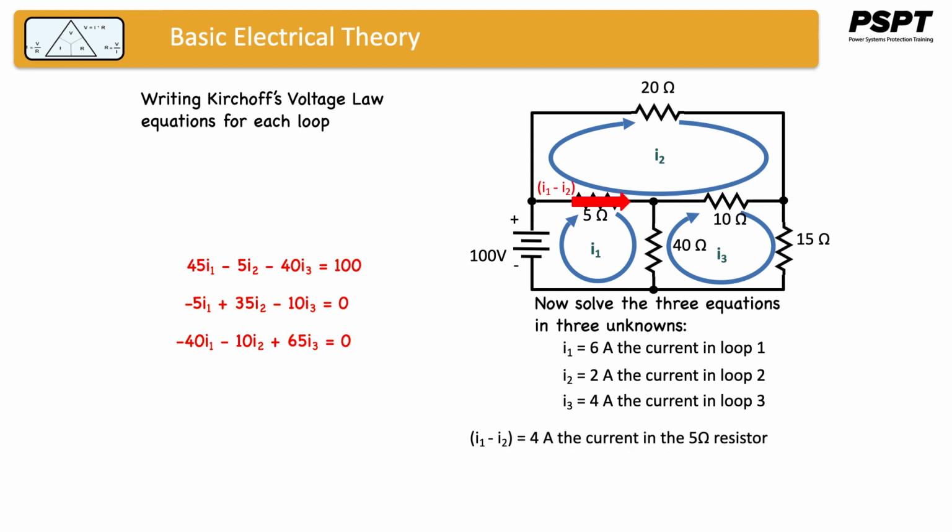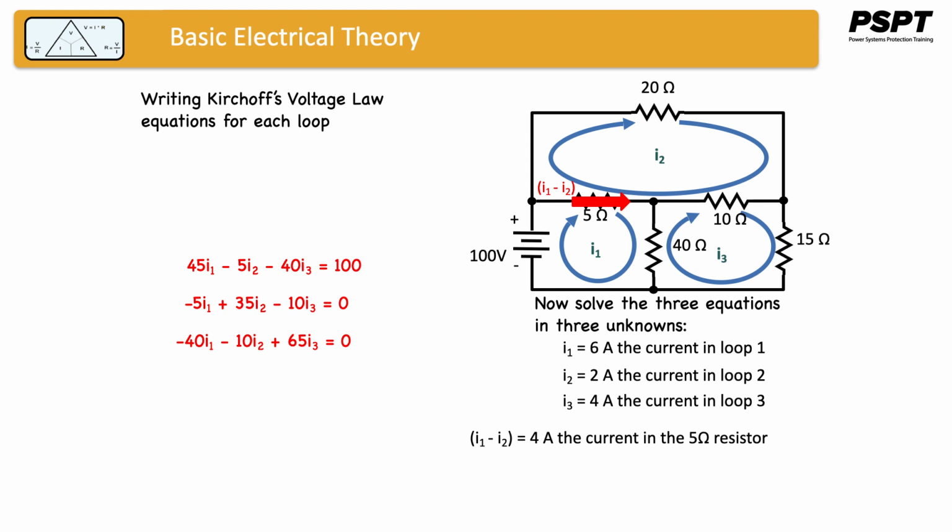We now have all of the information we need to analyze this circuit. However, we'll take it another step further, and because the current flowing in the 5 ohm resistor was given by I1 minus I2, and I1 is 6 amps and I2 is 2 amps, so I1 minus I2 is 4 amps.